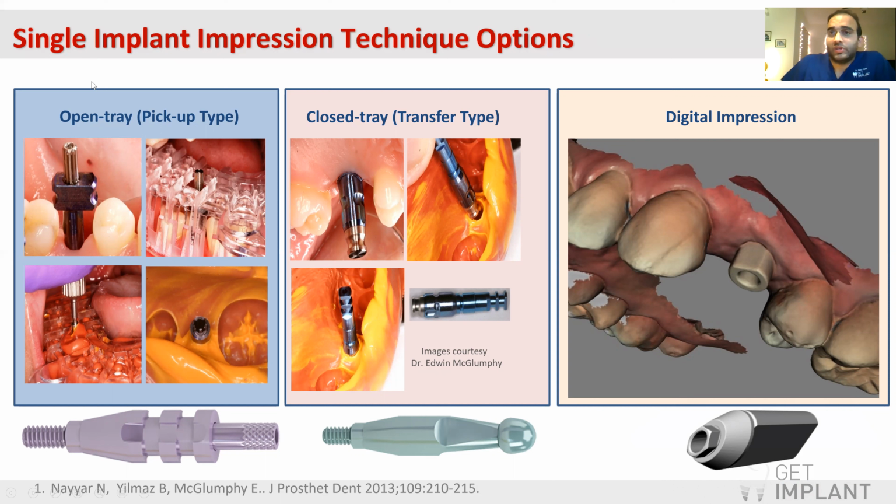Coming to what impression techniques do we use for single implant? Open tray, closed tray, digital, all three can be used. Documentation and my thesis was on digital impressioning for implant. And during our studies, we know that all these three techniques are very accurate to deliver a single implant prosthetic, right?